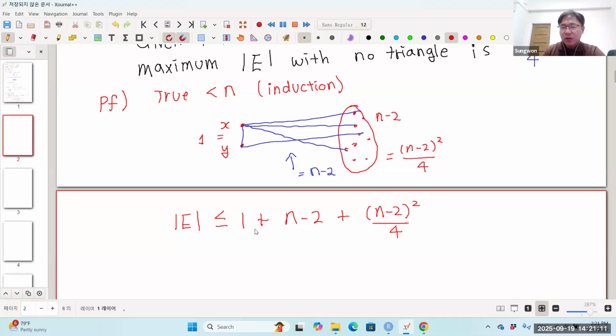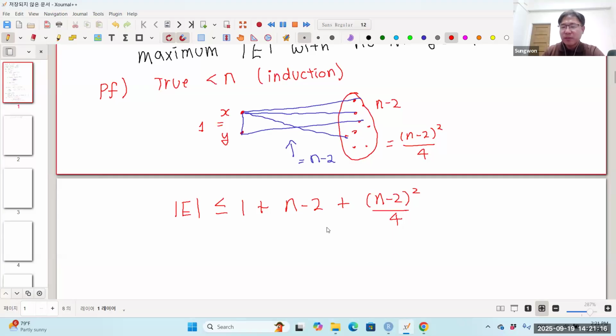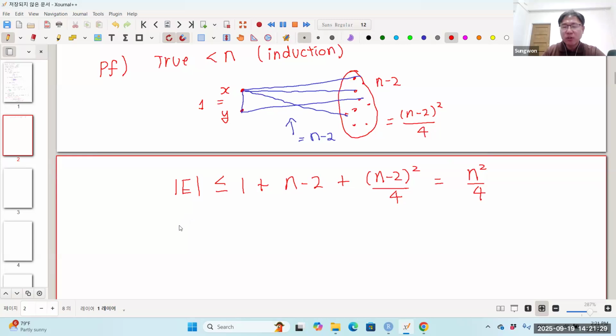So if you expand this algebraically and add, it will definitely show that it should be n squared over 4. And this is sharp. The maximum number of edges without a triangle should be n squared over 4.